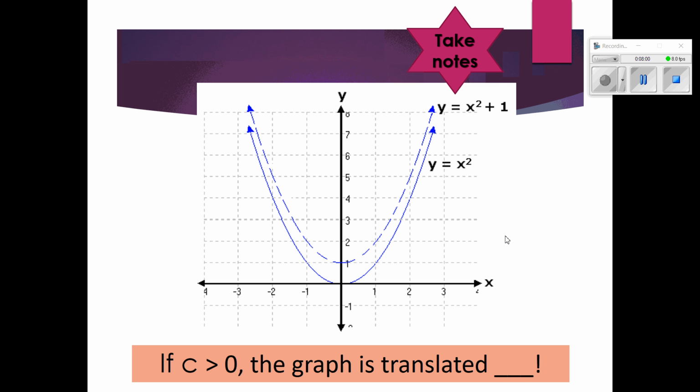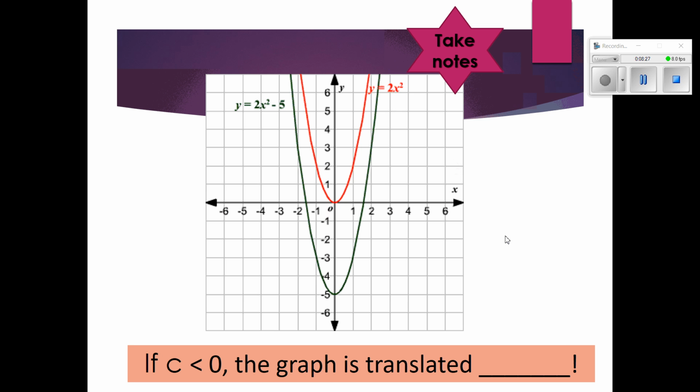So if you look right here, we have the same width because both of these have a coefficient of 1. This one has a y-intercept of 0, so that would be this one. This one says +1, so it is going to cross the y-axis at 1, so it was translated 1 unit up. So if c is greater than 0, the graph is translated up, because when you go up on the y-axis, you are getting to larger numbers.